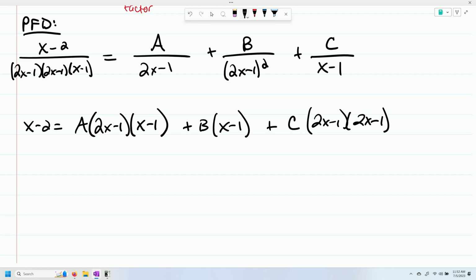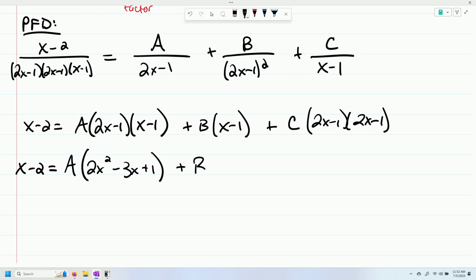Now from here, it's just a lot of algebra. I'm going to help us out with this one. So we get A times the quantity 2x to the second, minus 2x minus x plus 1. And remember, negative 2x minus x is going to be minus 3x. So it's minus 3x plus 1.